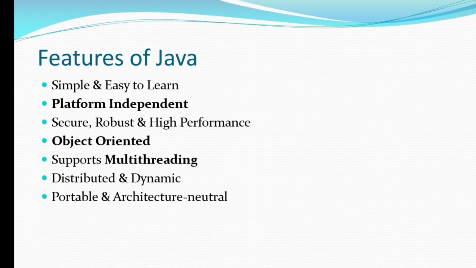It supports multi-threading. Multi-threading means, say you write 100 lines of code, and it may take 100 seconds. But if you divide that 100 lines of code into two parts, 50 and 50, and execute these parts in parallel, then it takes only 50 seconds. If you execute from 1 to 100 in one go, how much time does it take? 100 seconds.